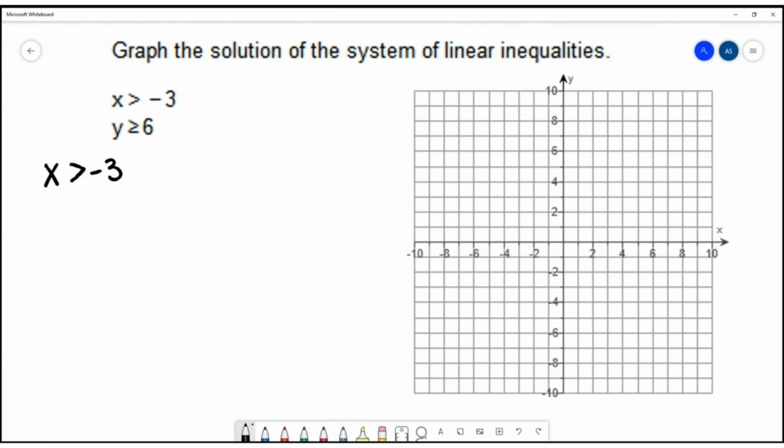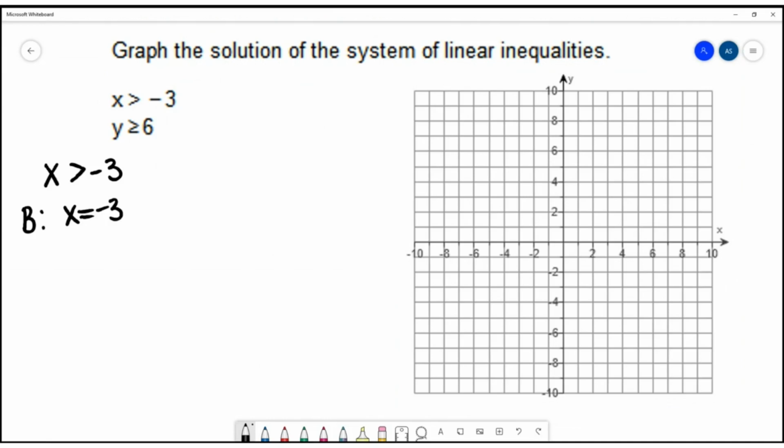And you're going to graph it in two parts. The boundary: replace the inequality with an equal sign, and graph the equation x equals negative 3. You're either going to graph it with a solid line or a dashed line.